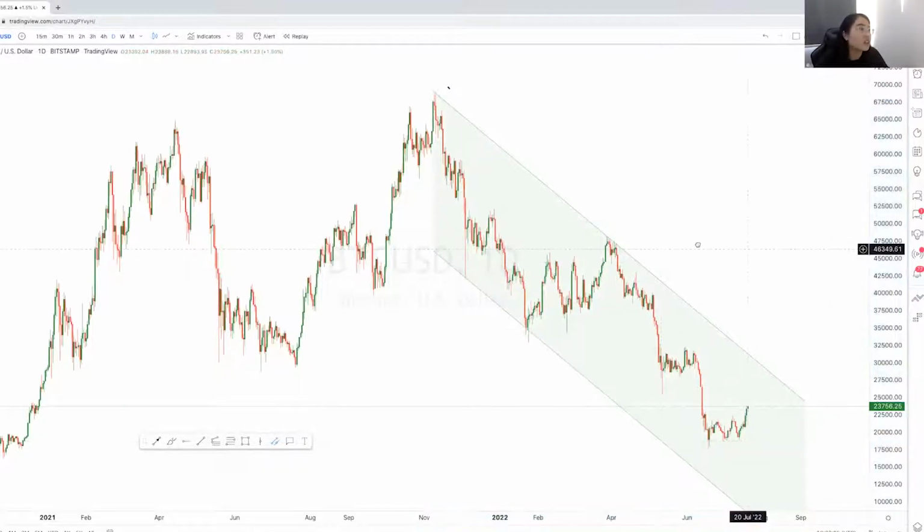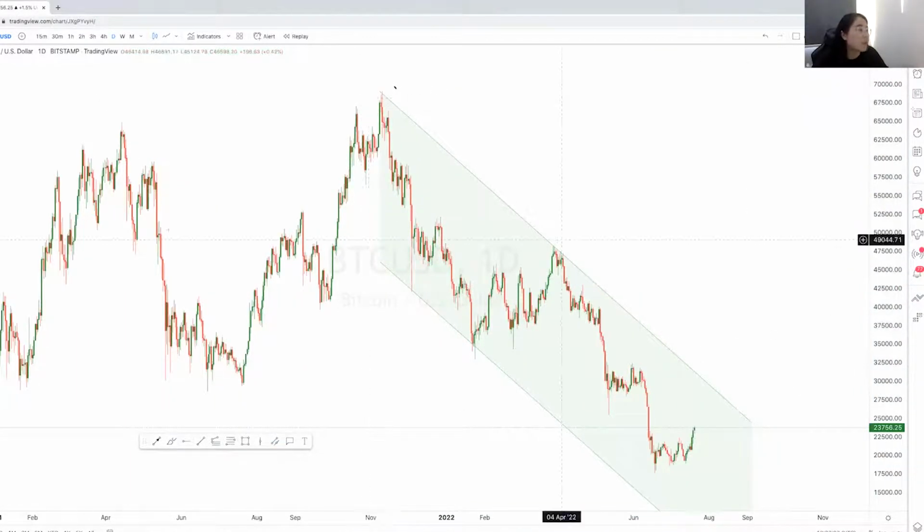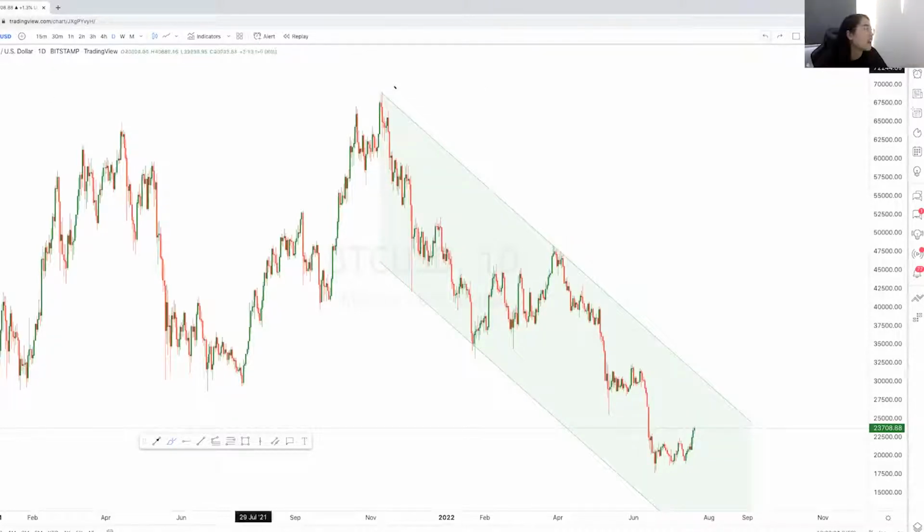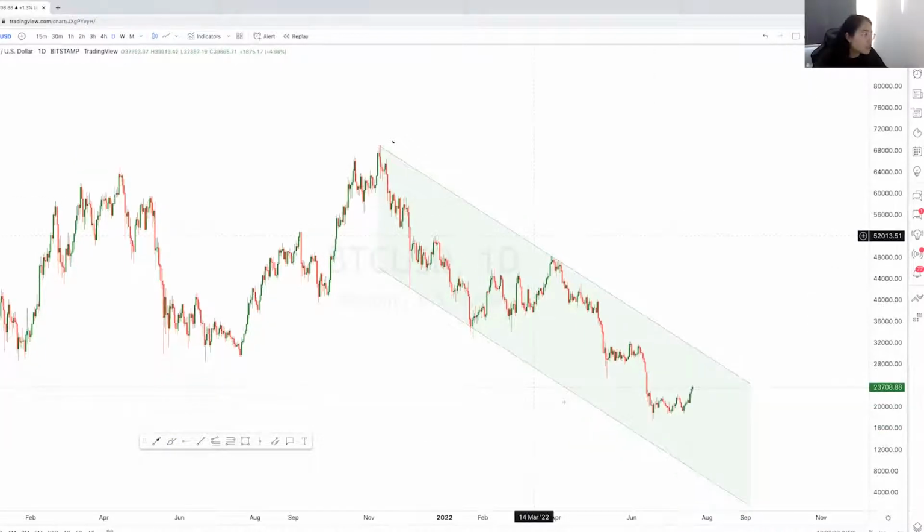For a valid channel, you will need 2 touches on top and 2 at the bottom. This satisfies our channel. Of course, the more touches, the better, but at minimum, we need 2 touches on top and 2 touches at the bottom to make it a valid channel. Another thing I might see is an even smaller channel. So there's a big channel here, but there might be an even smaller one.